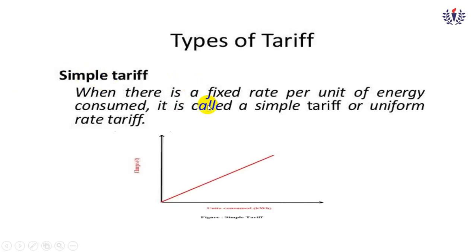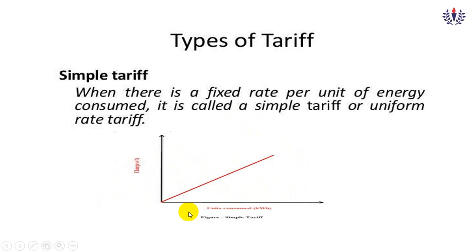Simple tariff, in other words, is known as uniform rate tariff. When there is a fixed rate per unit of energy consumed, it is called simple rate tariff or uniform rate tariff. Here you can see the charge is fixed per unit consumed, directly proportional. Per unit, it doesn't vary with an increase or decrease in the number of units.